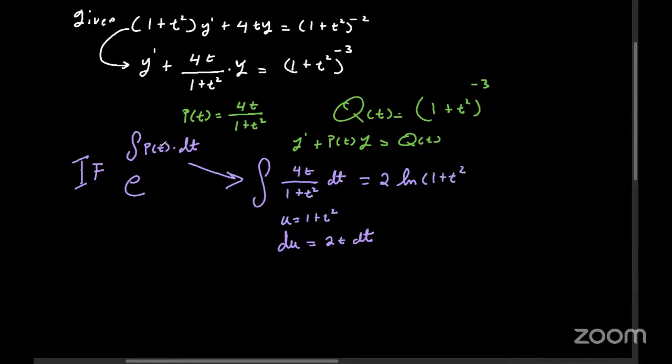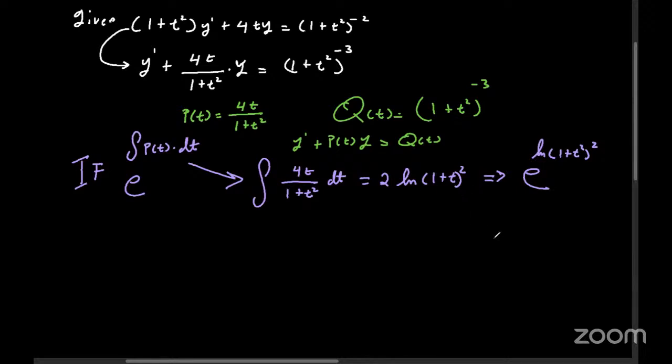And that's going to be, oh, I should be careful. That will be in the exponent of that e there. All right. So I think that implies that we have e to the 2 natural log of 1 plus t squared, which is e to the natural log of 1 plus t squared, squared.